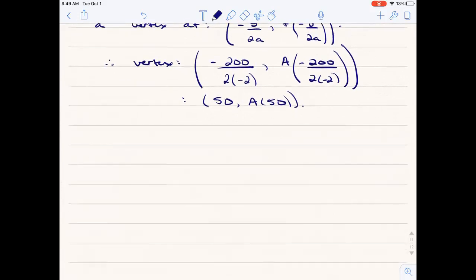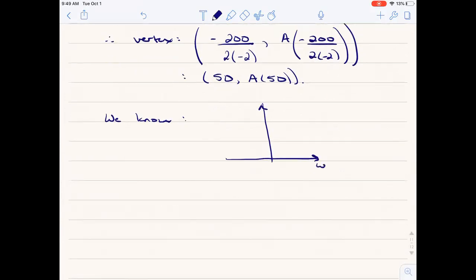So this is where it's helpful that we have this downward parabola. We know the general shape of this thing looks like this: here's W, here's A of W, and at the point 50, A of 50, whatever it is, it's going to look like this.